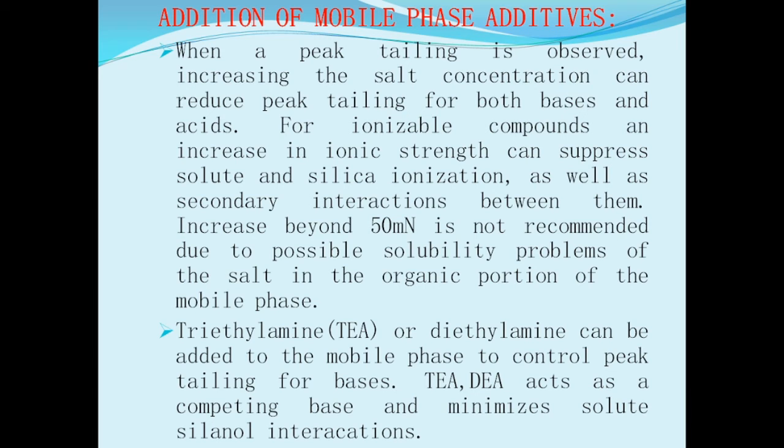This is usually a final step to try because triethylamine or diethylamine will reduce retention, modify the column and complicate the mobile phase. For reducing the peak tailing for acids, 1% acetic acid is added to the mobile phase to minimize solute-silanol interaction as it acts as a competing acid.